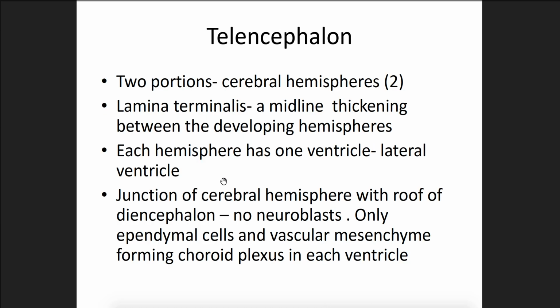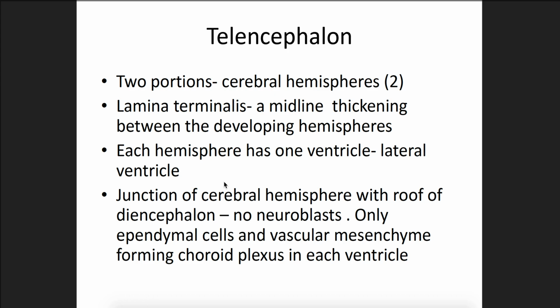Now I just want to go to this part. The telencephalon, we know that it consists of two portions, the cerebral hemispheres, which are two, one on each side, and a structure called lamina terminalis. Diencephalon we've already discussed. Now we're talking about that part of the telencephalon which is the cerebral hemispheres.